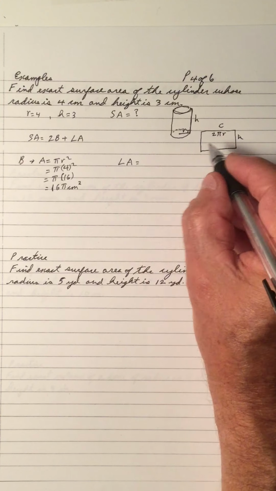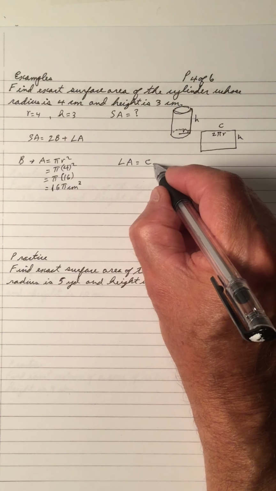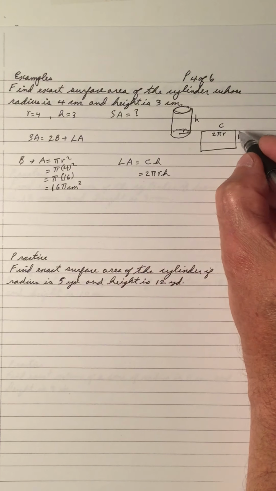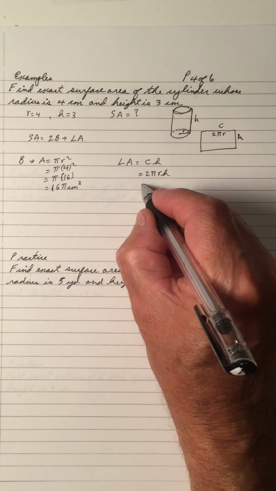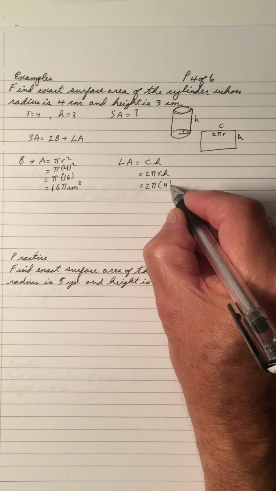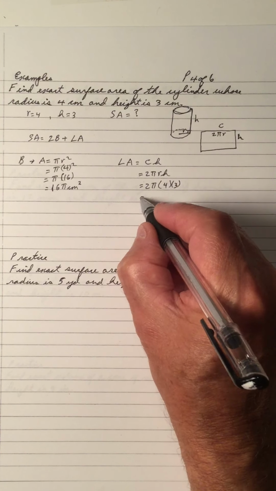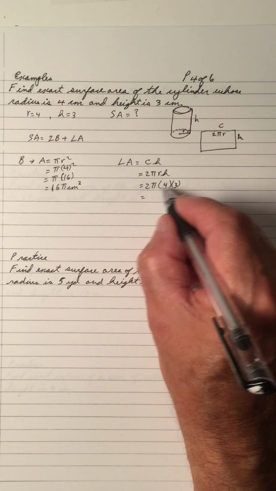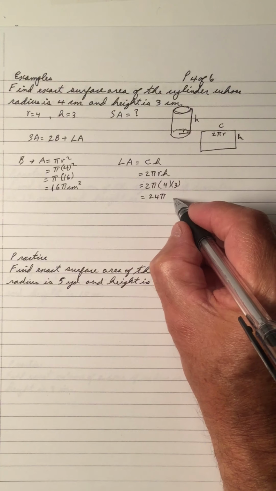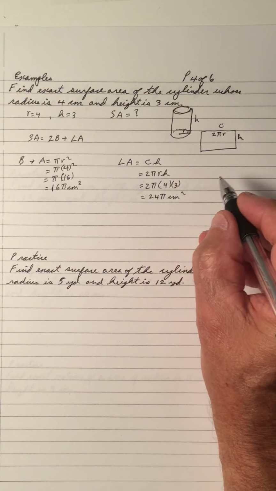So the lateral area is circumference times height. So it's 2 pi r h. So that's 2 pi, the radius is 4, the height is 3. If we multiply all that out, we get 24 pi. And again, it's centimeters, so square centimeters.